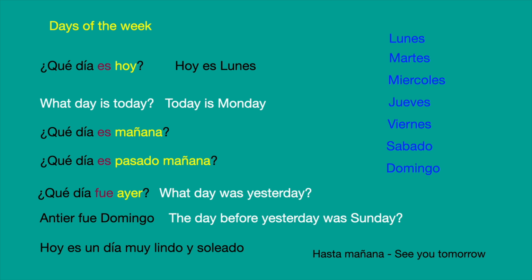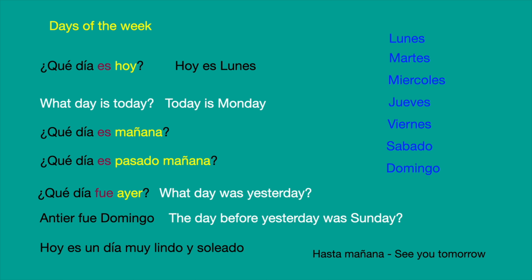Okay, so let's try to practice all this. So ¿qué día es hoy? Say that today is Monday or Tuesday. So you will answer, hoy es jueves. And for tomorrow, you say, ¿qué día es mañana? And we are going to answer, mañana es viernes. Okay, ¿qué día es pasado mañana? After tomorrow. So you say pasado mañana es domingo.